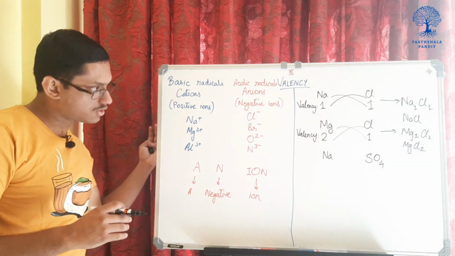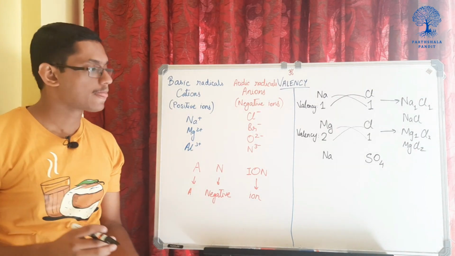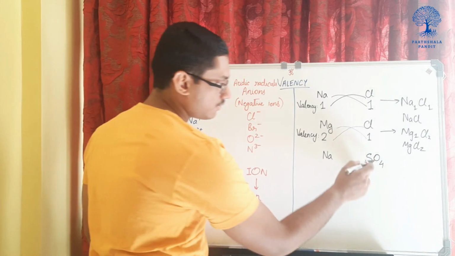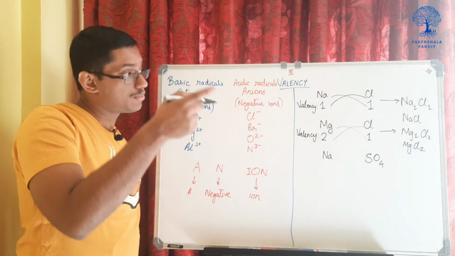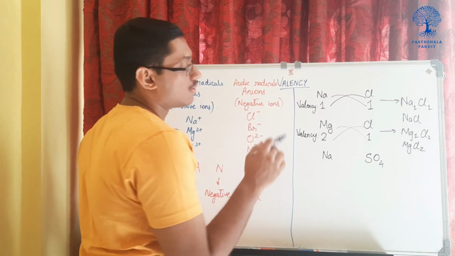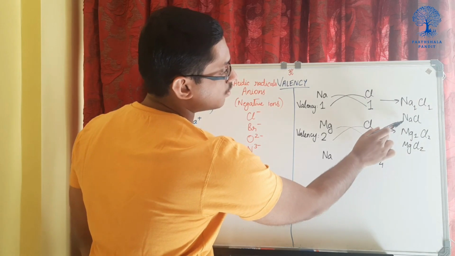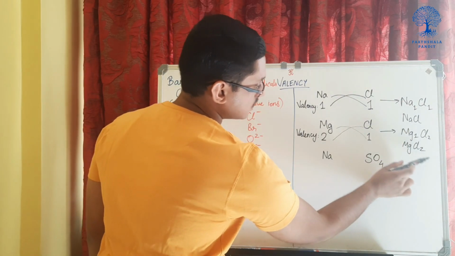It can be a cation also, it can be an anion also. In this case, it is an anion. It is of negative charge. And remember, I told you before, positive should be written first, the negative one afterwards. Like this is positive, this is negative.